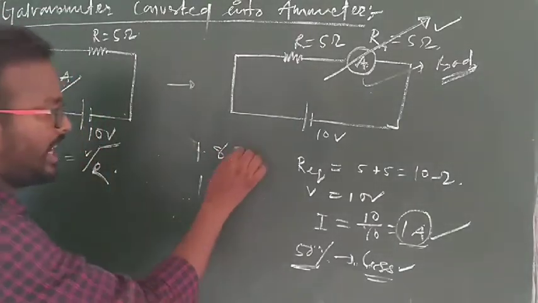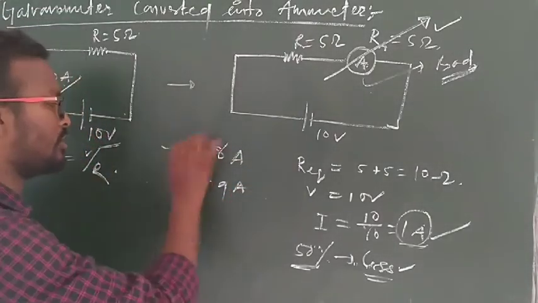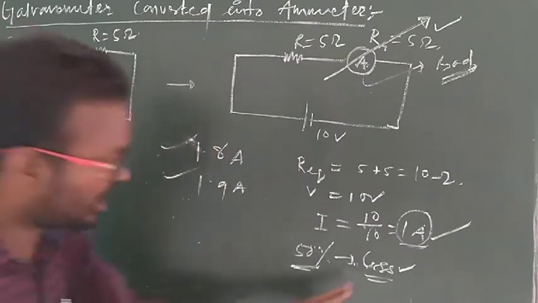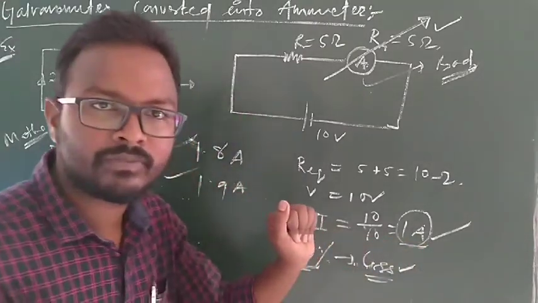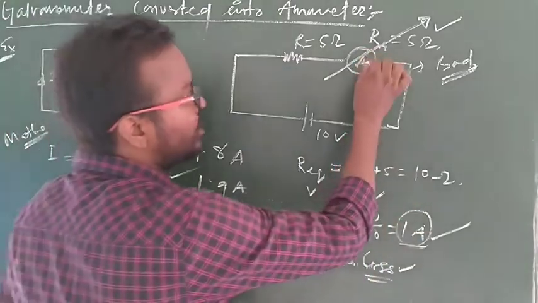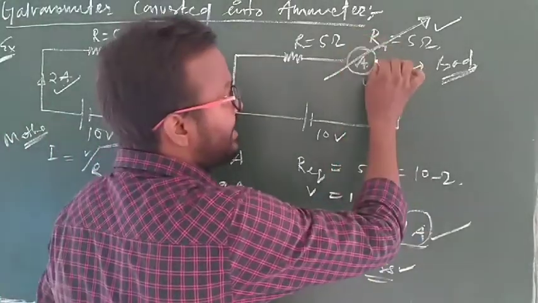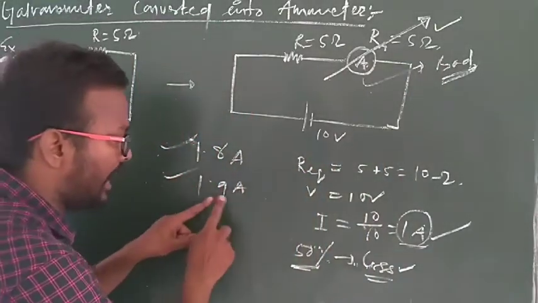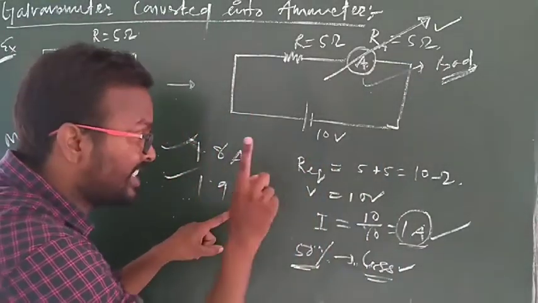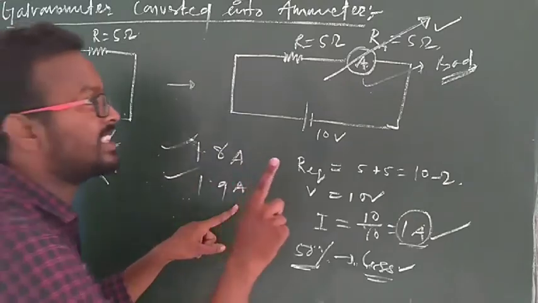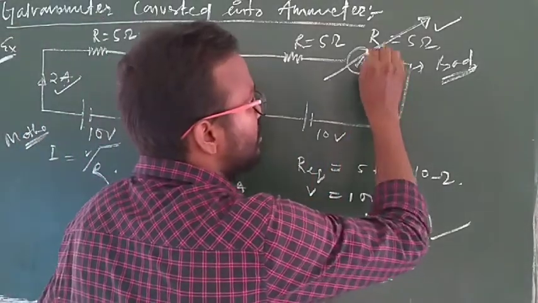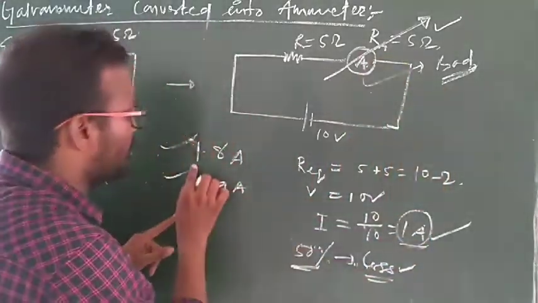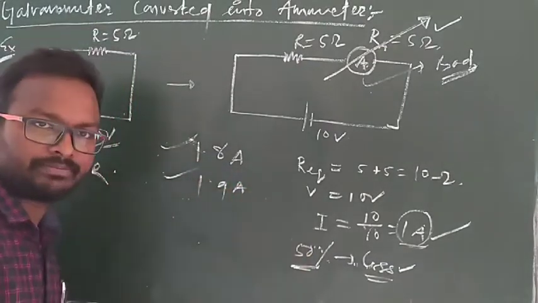Here we get only 1 ampere. So what is the condition for which this ammeter shows a reading of 1.8 or 1.9 ampere?